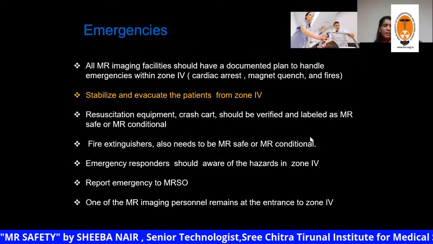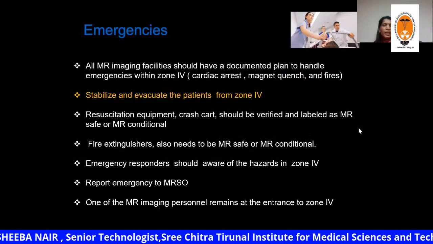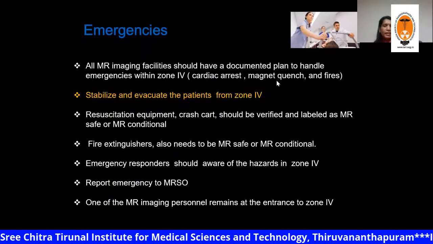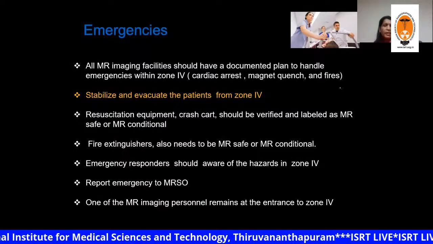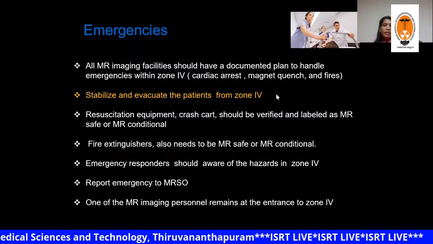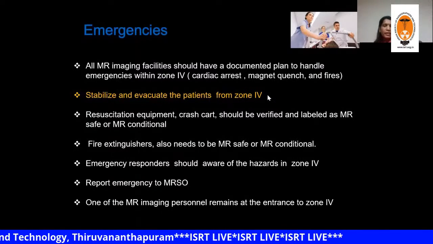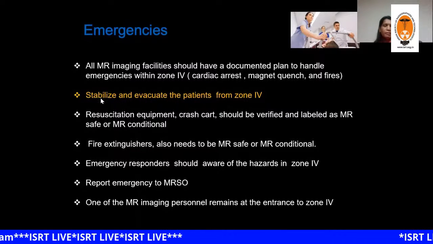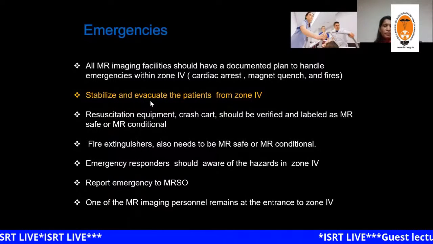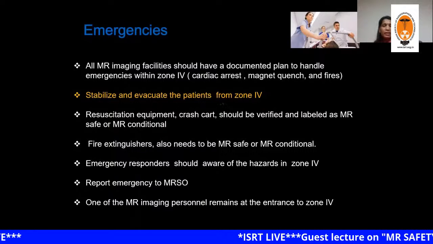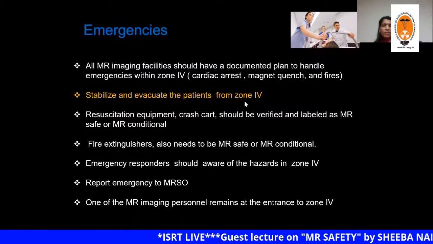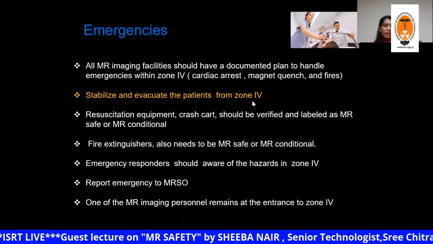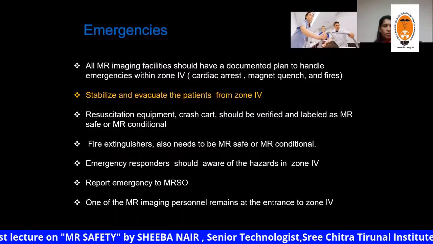All MR facilities should have policies for managing emergencies in zone 4, such as cardiac arrest, magnet quench, or fires. When a cardiac arrest occurs in zone 4, first we have to stabilize the patient, evacuate the patient from zone 4 as early as possible, and do the further management outside zone 4.